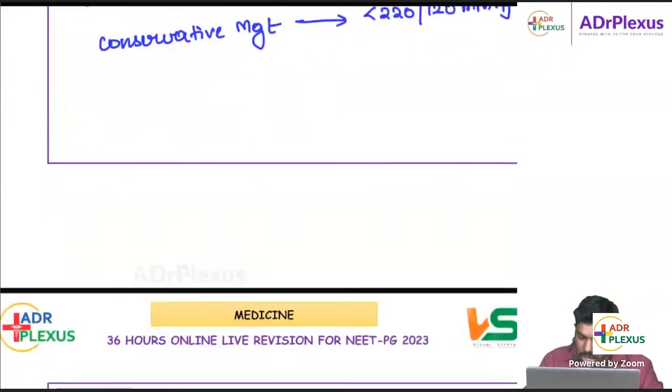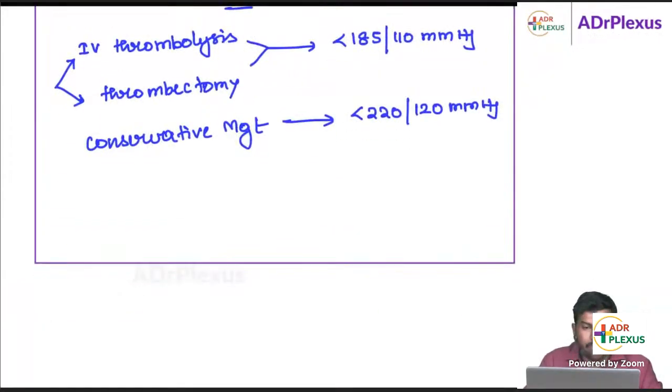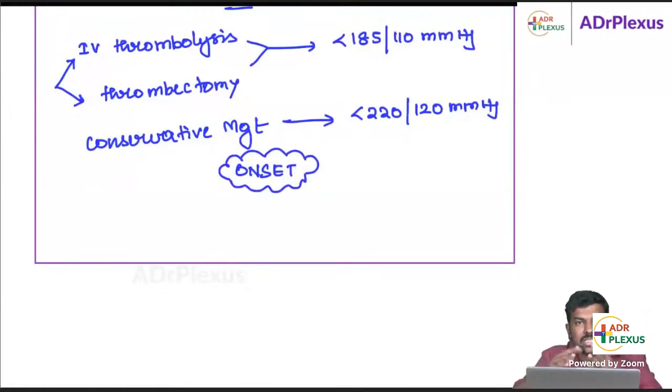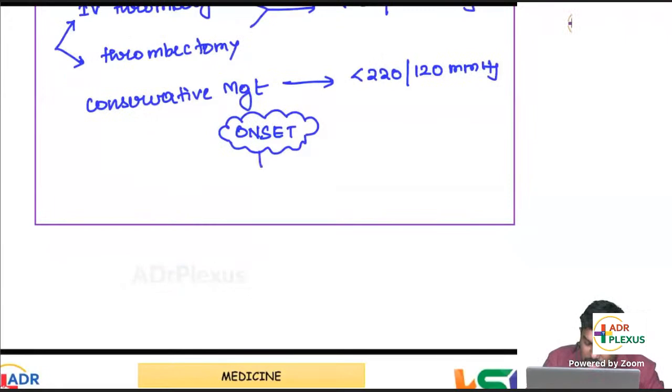So how are you going to plan the treatment? Whenever a patient with stroke comes to you, you first see whether the features are suggestive of stroke. Then the second step is you go for the non-contrast CT, and the third step is you see the duration of weakness.